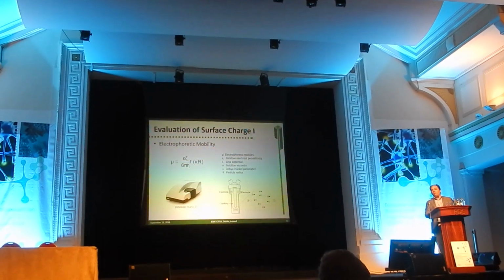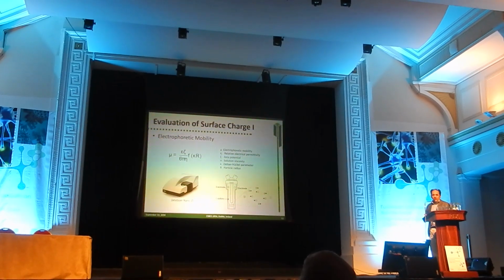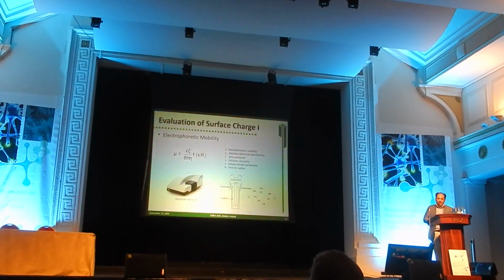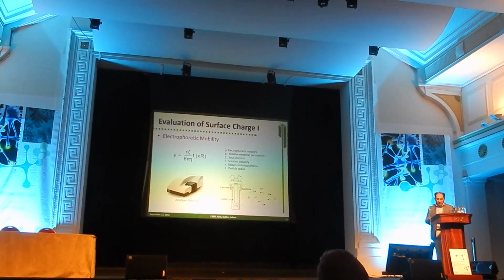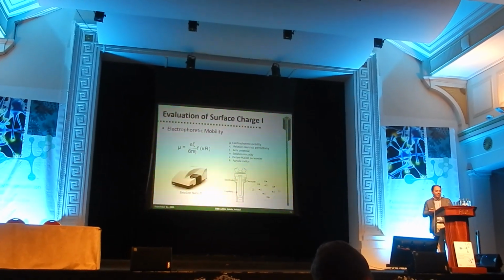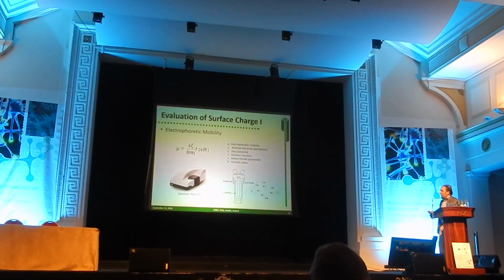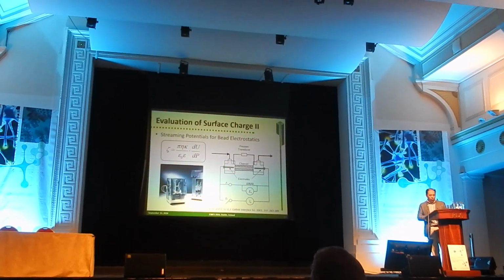So from electrophoretic mobility experiments, you can determine the charge of the particle. Again, for cells, this is a piece of cake, but when we go to chromatographic particles, they may be sedimenting in this kind of chamber. If we break the particles, again, my colleague would come and say, okay, you're breaking the particles. So we went to a different approach, which is a streaming potential approach.